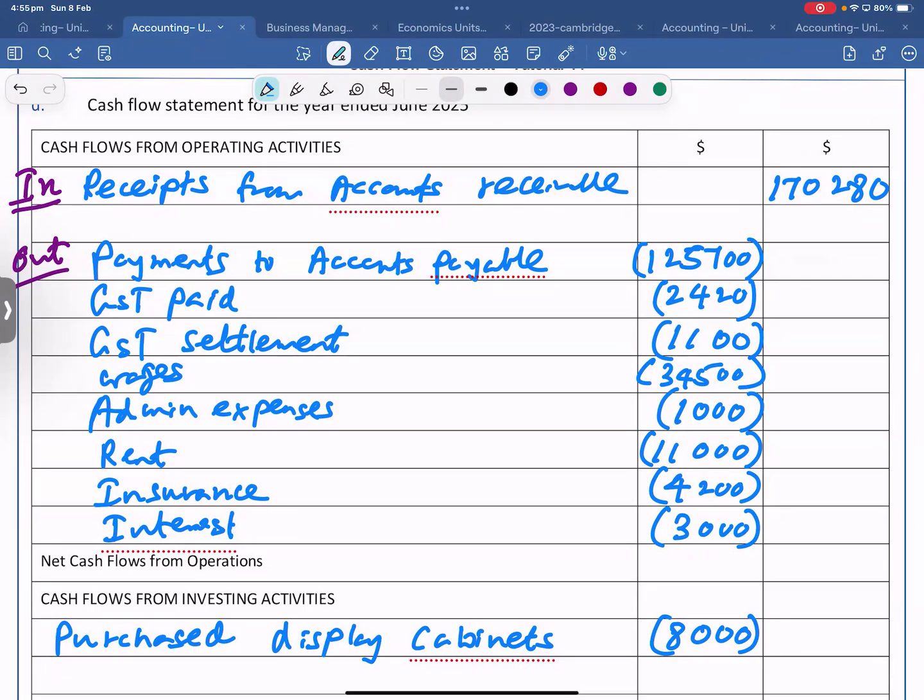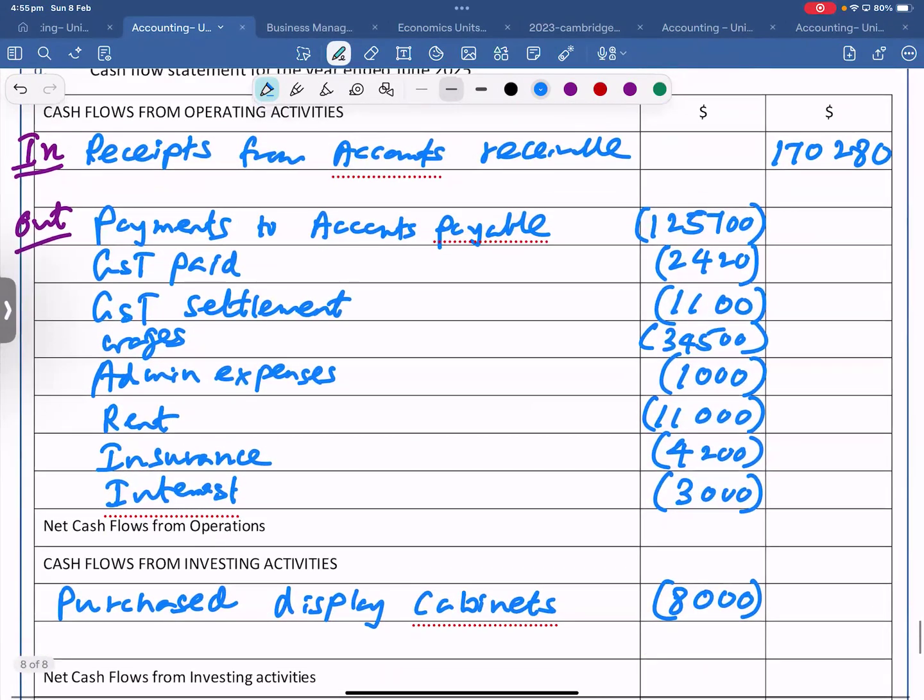Yeah, basically, guys, that's it. Payments to accounts payable 125,000. GST paid.